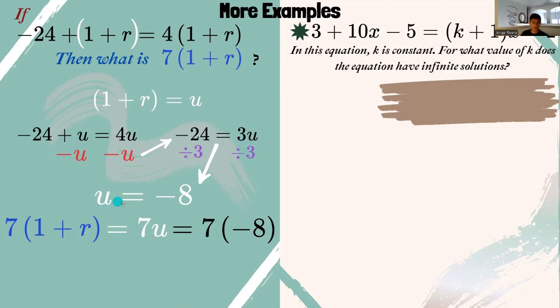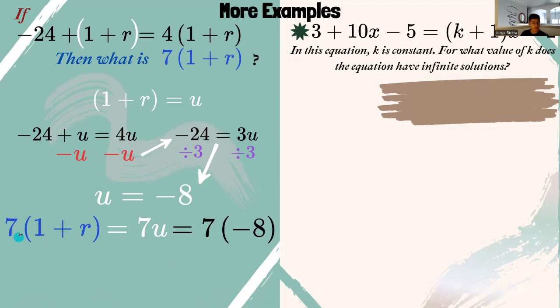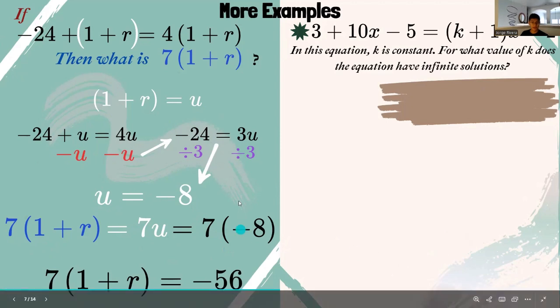You divide both sides by 3, and u is equal to 8. Because I already went over this in class, it's 7 times 1 plus r, and since 1 plus r is also just u, 7u is equal to 7 times 8, which is going to give us the answer to this equation.